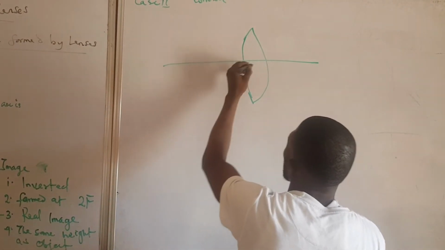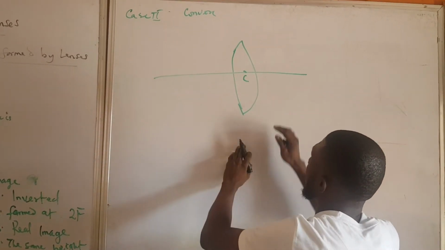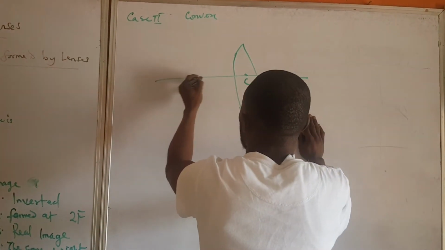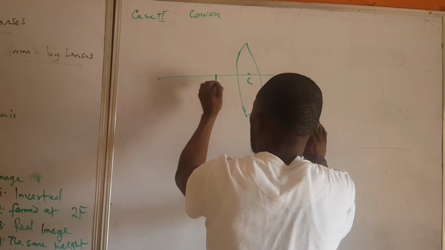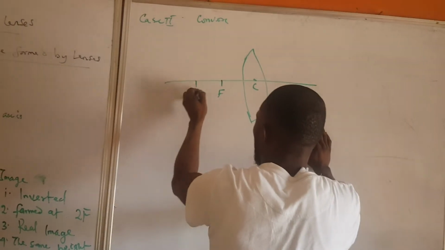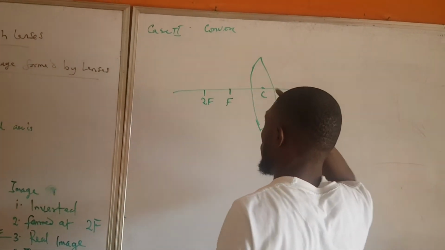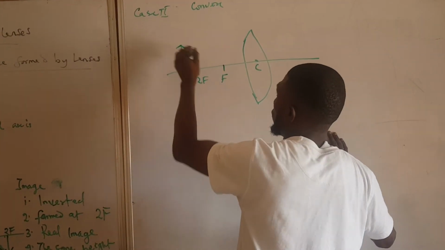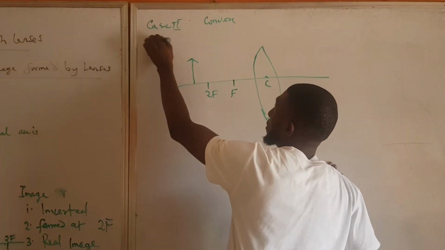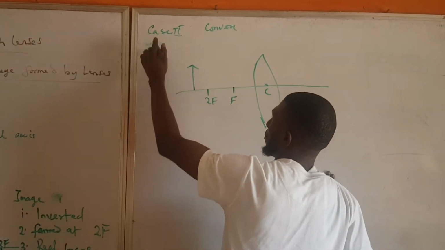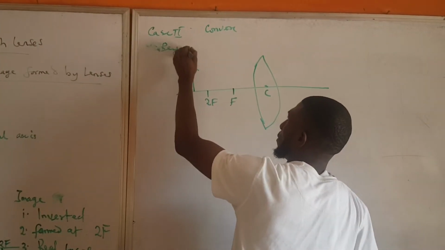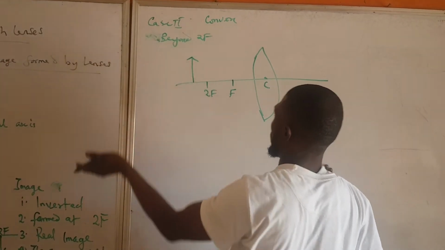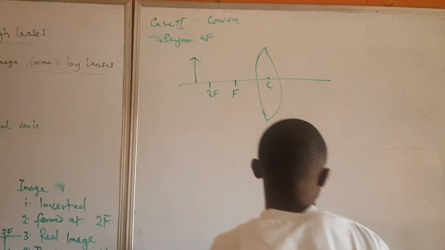We have the principal optical center, then we have the f to be here. If this place is our 2f, and the object is not on 2f now, if it is beyond, maybe at the back of 2f.